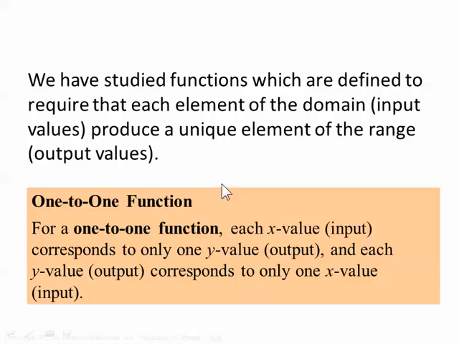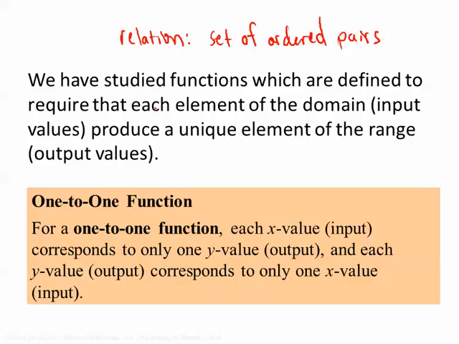specific characteristic. See, we started out, actually I'll grab the pen, with just a relation. A relation is just a set of ordered pairs. And then a function itself is a relation that has the characteristic that every x value goes to exactly one y value, or in general, every domain value goes to one unique range value.